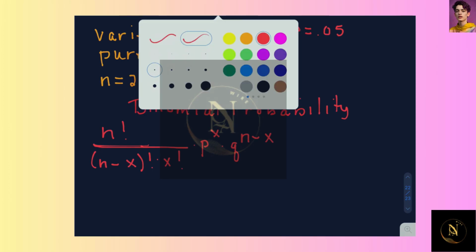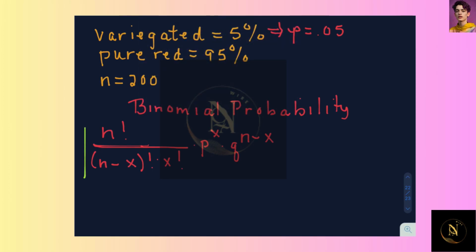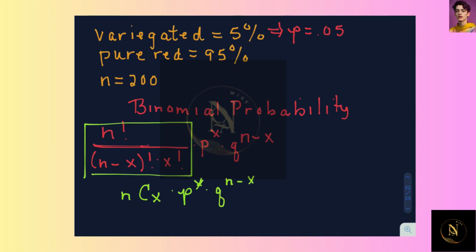Now, from previous studies, you should recognize that this part of that formula is the same thing as saying the combination of n items taken x at a time. That's important to recognize, because some of our numbers are so large, it's going to give the calculator an overload issue.